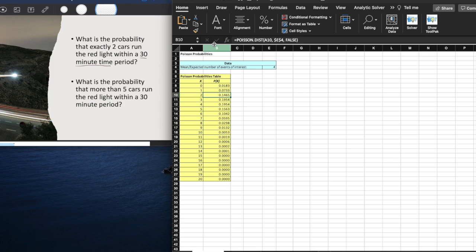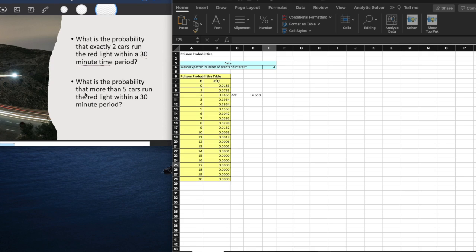Well, that would be this value right here. Here's the formula, or the function, Poisson, and then our x value is the input, and so is our lambda. So for the entire Excel sheet, the one input is 4, but for the function, there are 2 inputs, x and lambda. So we can say now that there is a 14.65% chance of seeing 2 cars run the red light within the 30-minute time period.